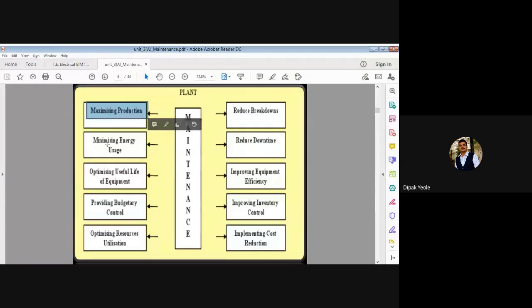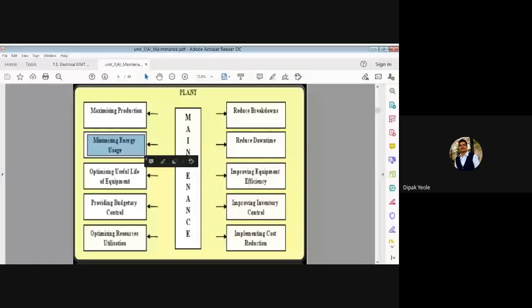The second is minimizing the energy usage. So you know that we are interested in minimizing the energy usage. The Bureau of Energy Efficiency is a body in India, BEE, the Bureau of Energy Efficiency. Their aim is that the minimum energy should be used. Yes, because we know that to generate 1 kW, that is 1000 watts, in a thermal power plant, you have to spare around 10,000, or you can say 10,000 kilo coal, you have to burn for generating the 1 kW.